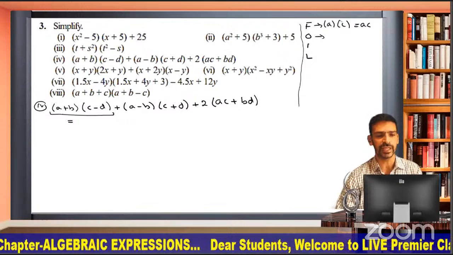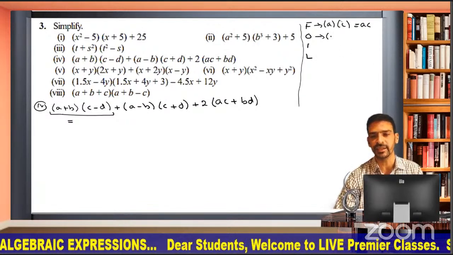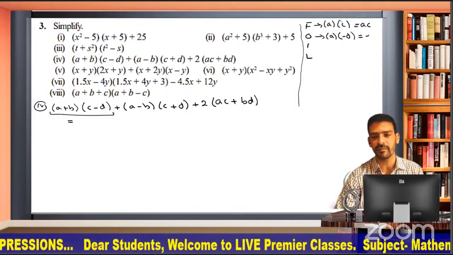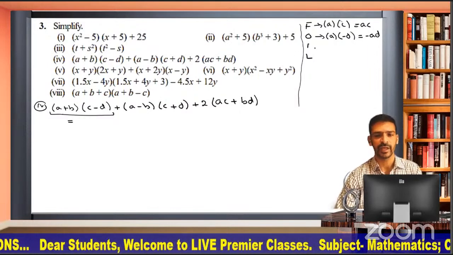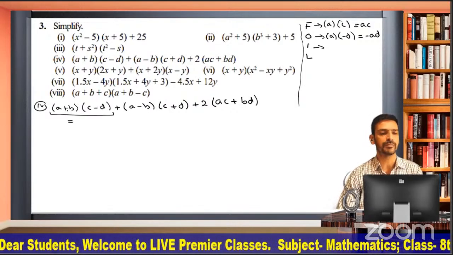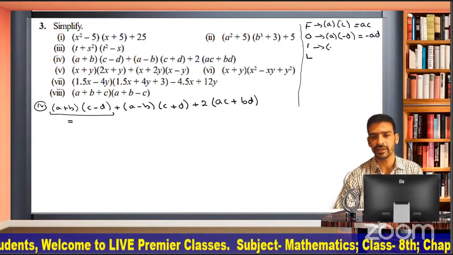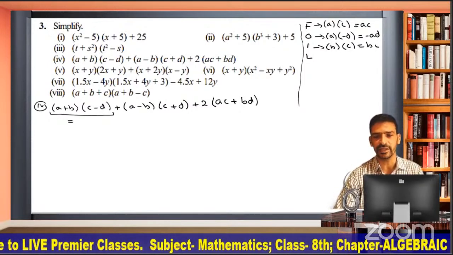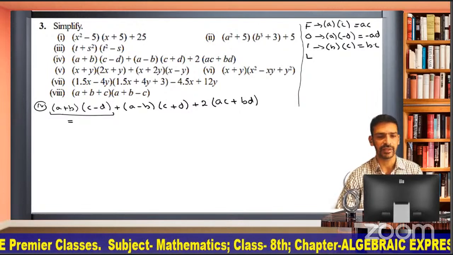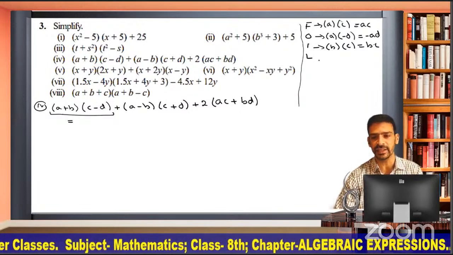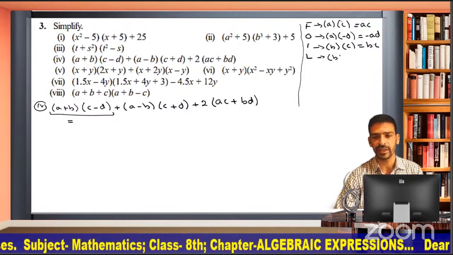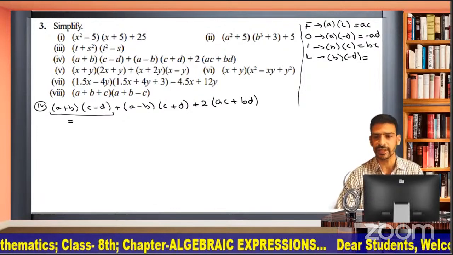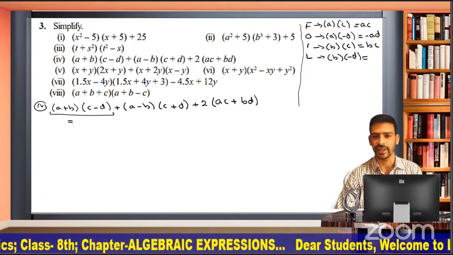Then outer terms, that is A multiplied by minus D, it turns out to be minus AD. Then we have inner terms, that is plus B and plus C, that is BC, and we have last terms, that is plus B and minus D, that is minus BD.